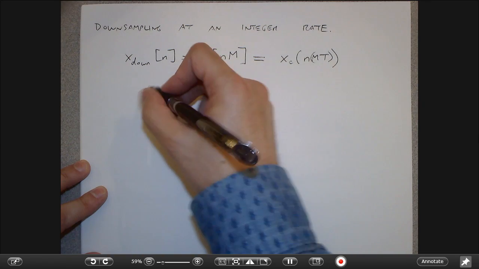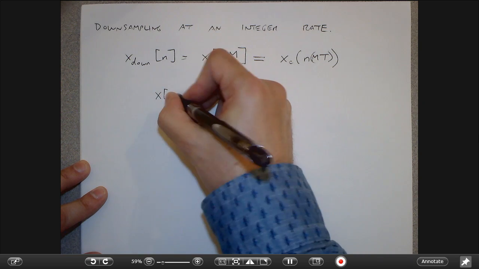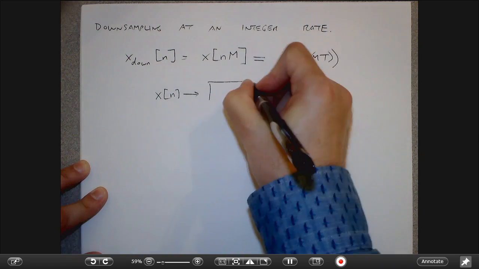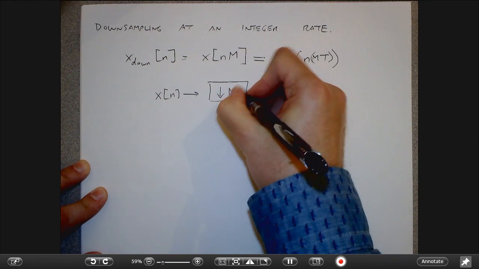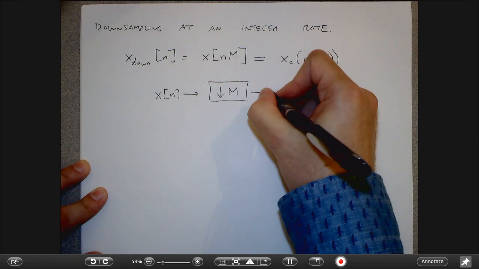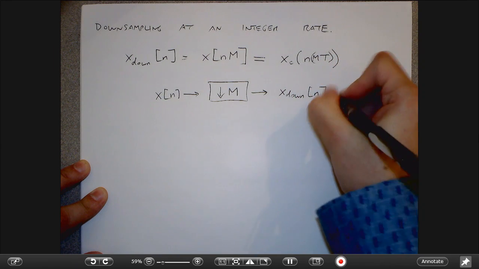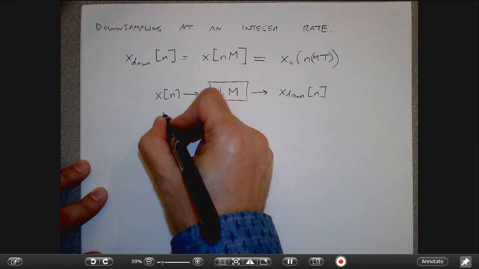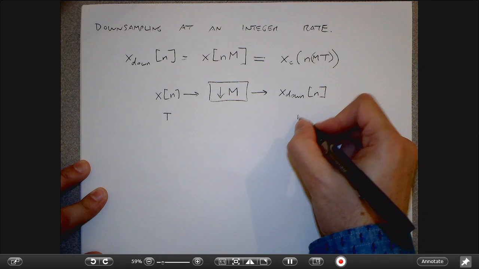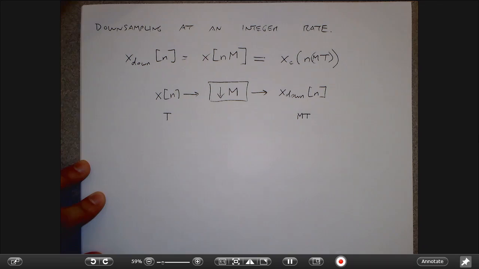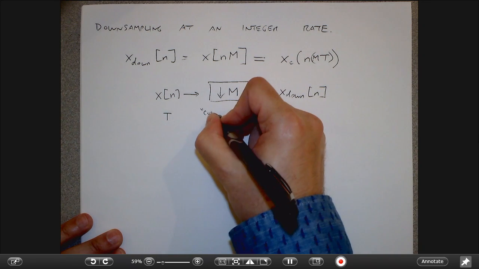Sometimes I represent this as a block that says downsample by a factor of m. Here the original sampling rate was t, and here the sampling rate is basically mt. Sometimes you hear this called a compressor.